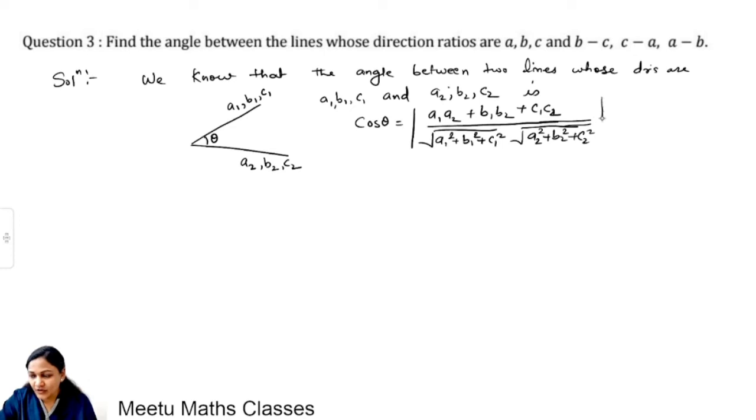This is the formula to find out the angle between two lines whose direction ratios are given to you.